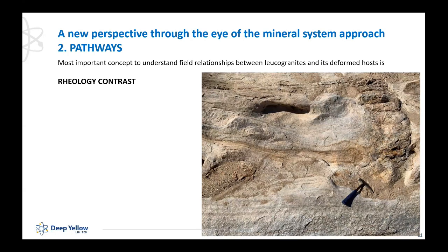So in this image, the host rock here is a marble, and into that marble intruded a leucogranite. It intrudes here, and then it's gobbled up a bit, and the rest of this granite is over here. You can go all the way along, and you see that it intrudes syndeformational.